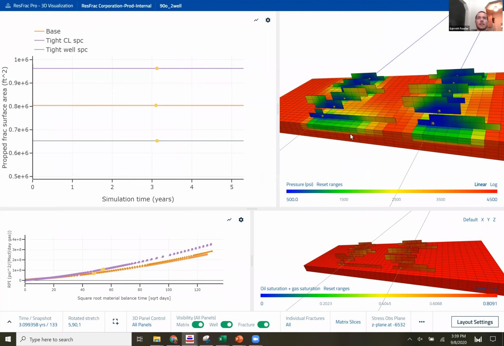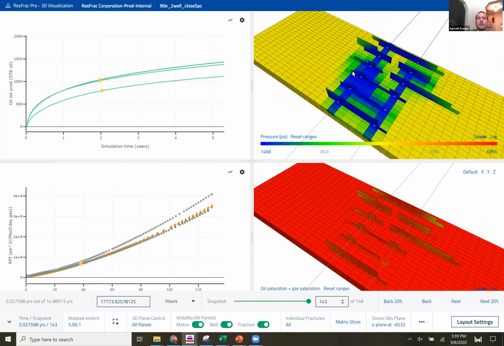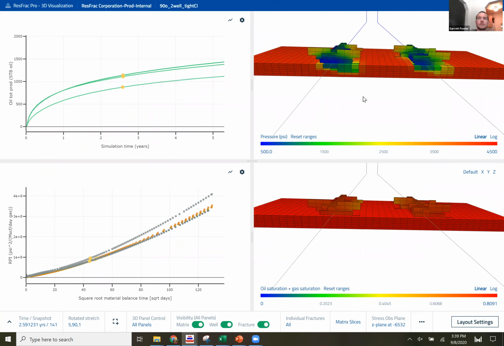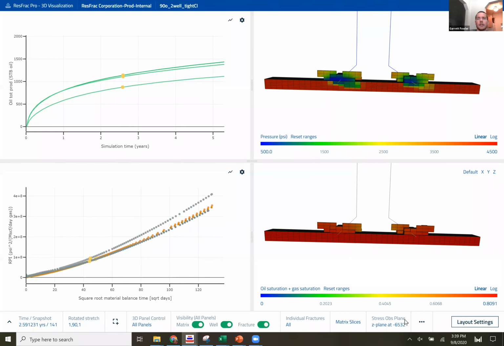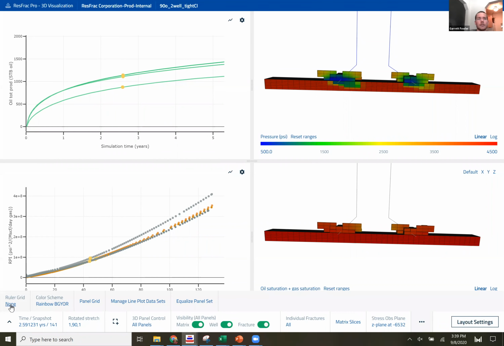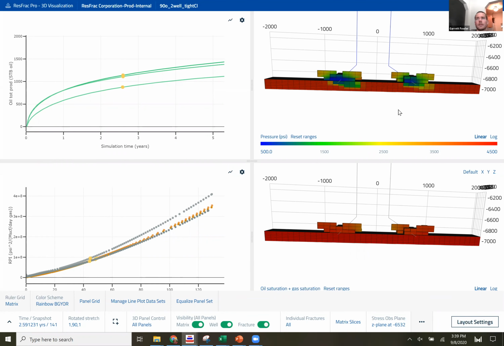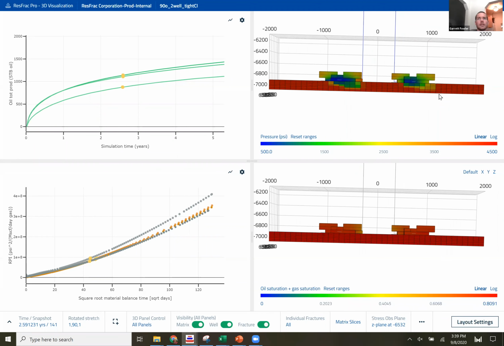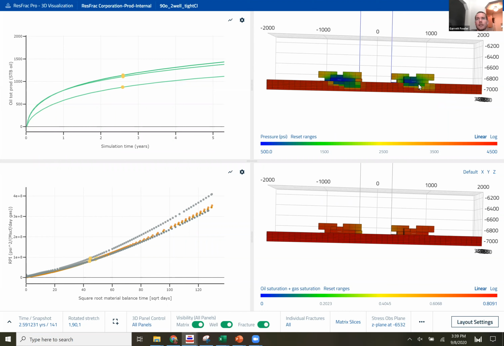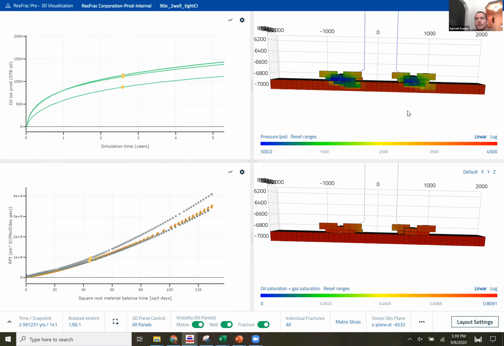So here's that base case, the well spacing, here's the tight cluster spacing. I come back and turn on my ruler. So 6,900 looks like almost exactly the depth that my well is landed at.